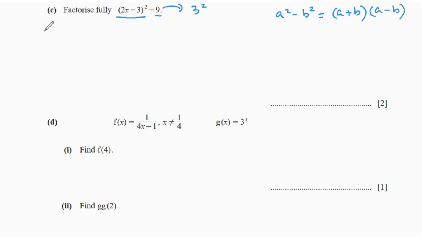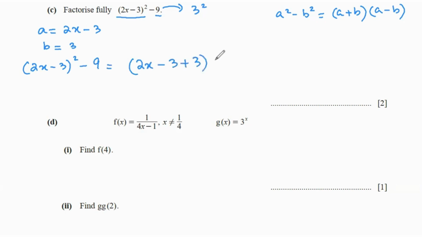Over here, our a is 2x minus 3 and our b is 3. So (2x minus 3) whole squared minus 9 is going to be (2x minus 3 plus 3) times (2x minus 3 minus 3), which is 2x times (2x minus 6).